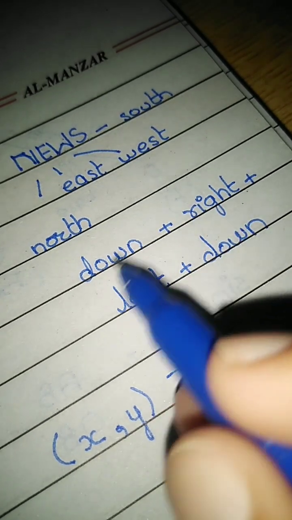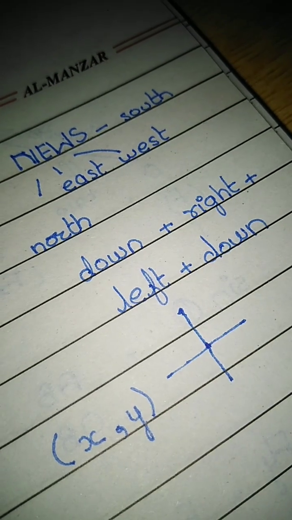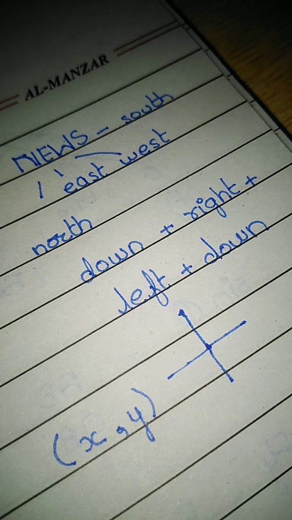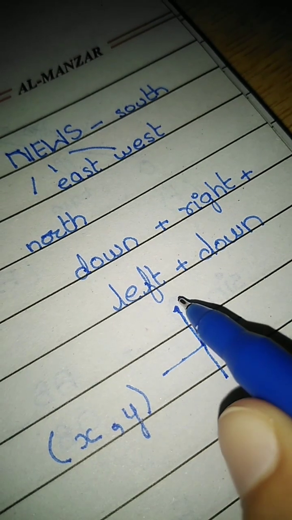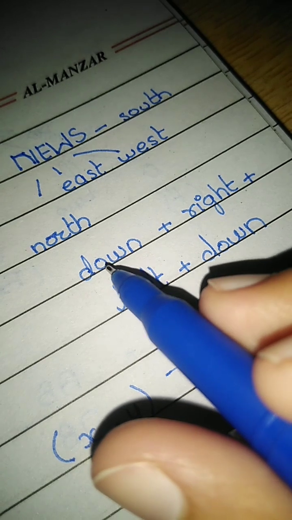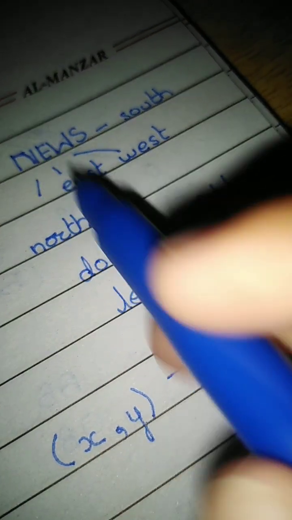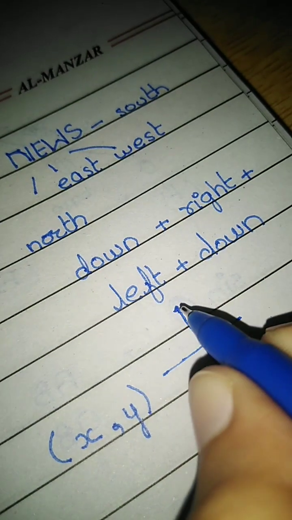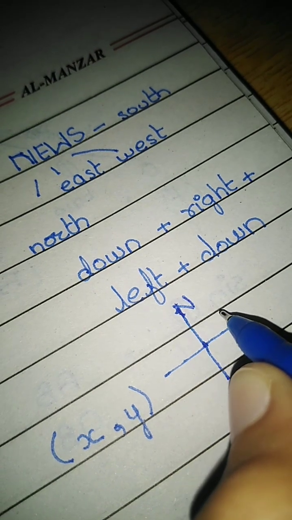According to these, down, right, left, down, we're going to put the terms. First, down: the first letter is N of the news, so we write N, which refers to the north.